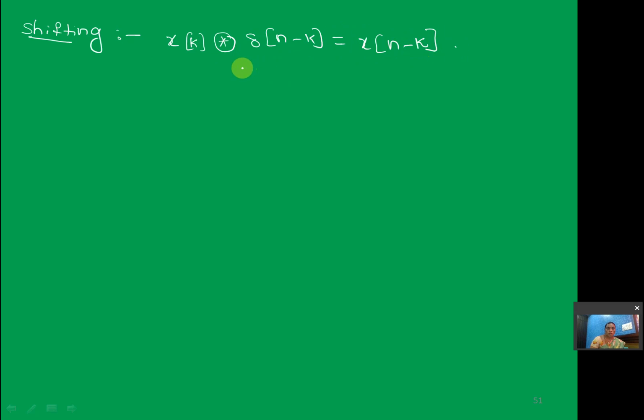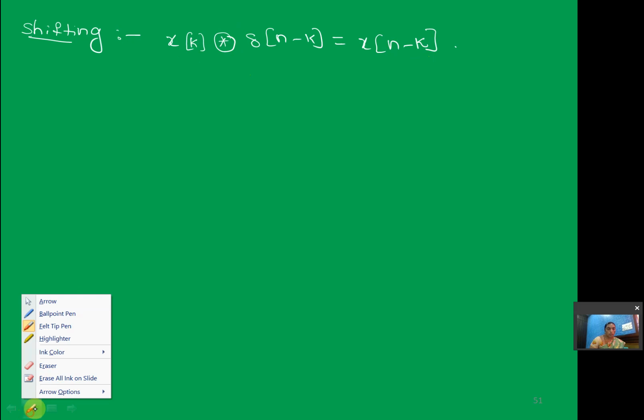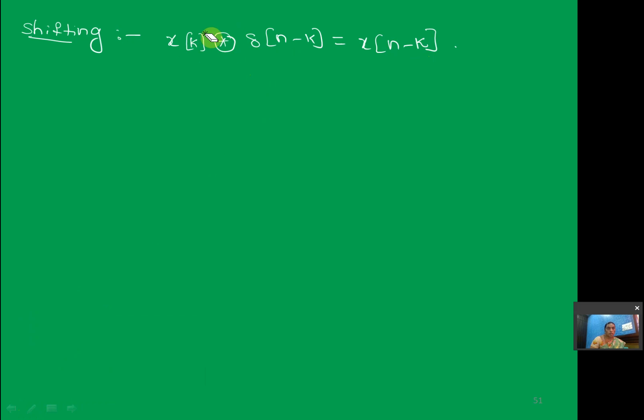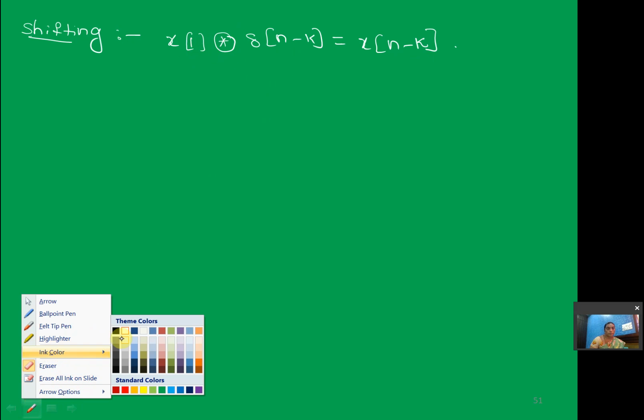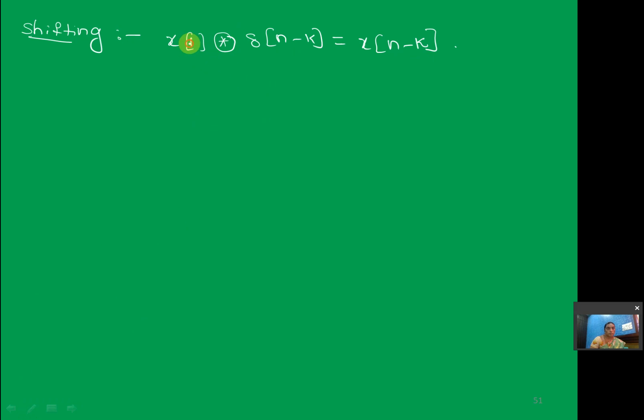Take x of n as the input sequence and convolve it with the shifted sequence del of n minus k, then that is equal to x of n minus k. You can prove this one also in a similar manner as I said before, so try this one.